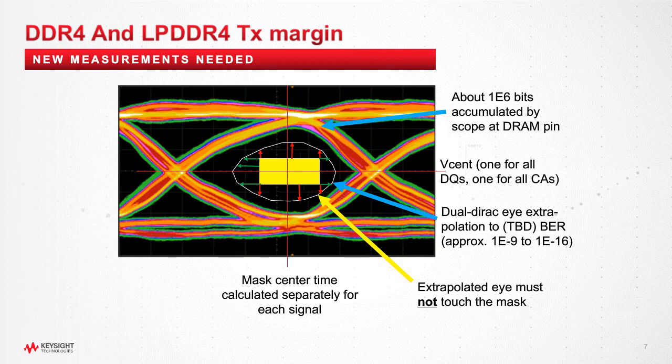Actually, the spec says that you need to stay outside of that yellow region entirely so that the DRAM will receive it with a 1e minus 16 error rate. So the goal here is to provide a big enough eye with enough headroom around that receiver mask in the middle in order to make the chances of violating the mask really, really small.